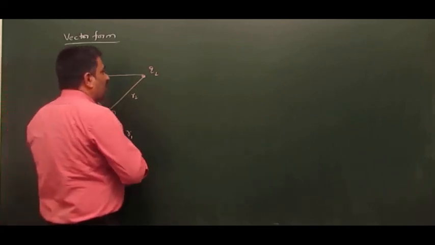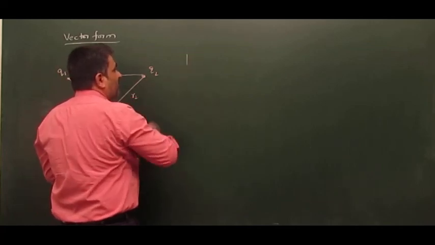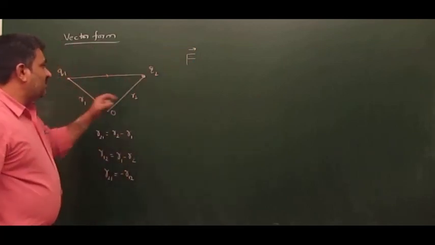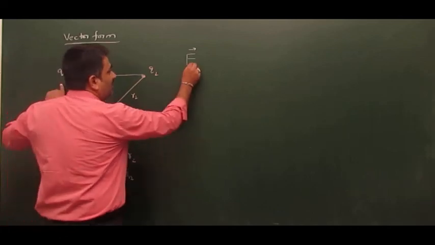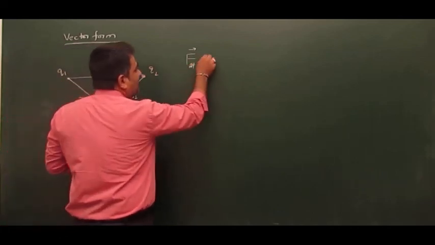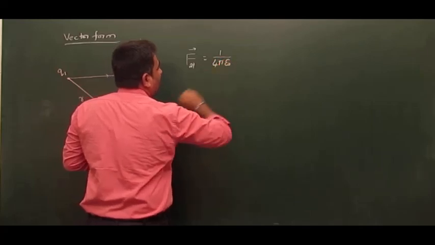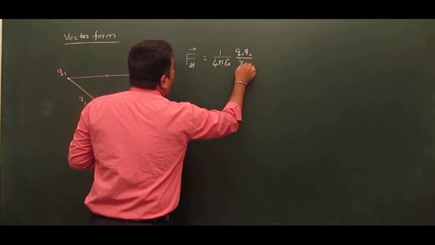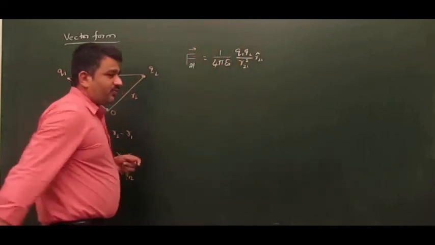So here, the force in vector notation, the force experienced by the second charge due to the first charge, F21, is equal to 1 divided by 4 pi epsilon naught into Q1 into Q2 divided by R21 square, R21 cap.